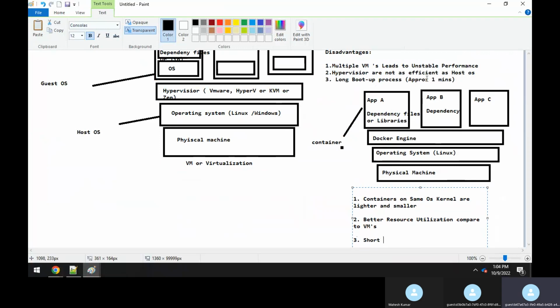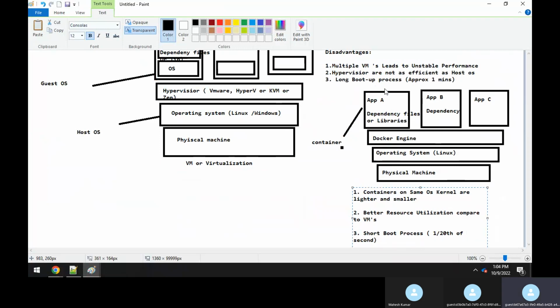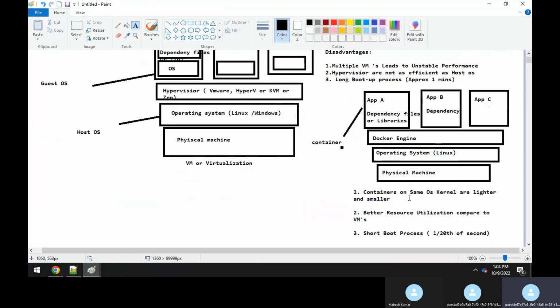In the disadvantage of VMs, they need a long boot up time, whereas containers have a short boot up time. Whenever you want to bring your application up, it takes something like a fraction of a second. It is so fast that you can make your application available very quickly. That's what you call the short boot up time.